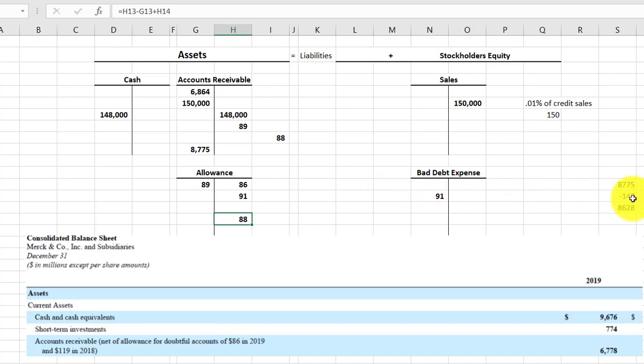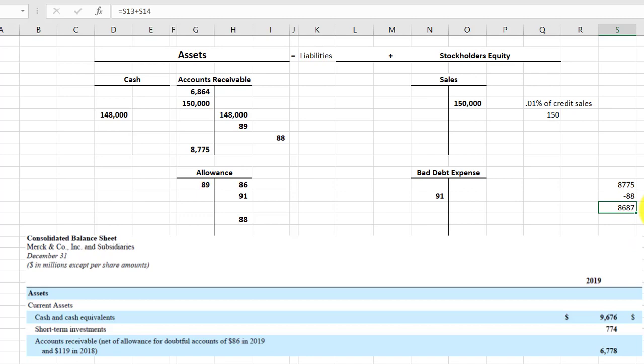So now on the balance sheet, it would still be 87.75, but instead of 147, it would be minus 88, because that's what we have in our allowance. 87.75 minus 88 equals 86.87.